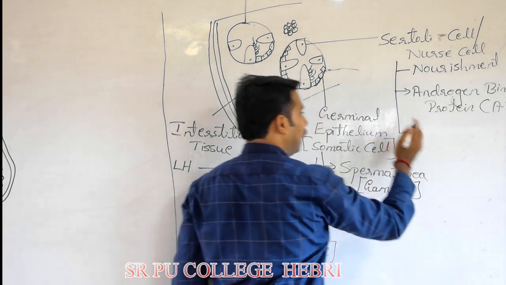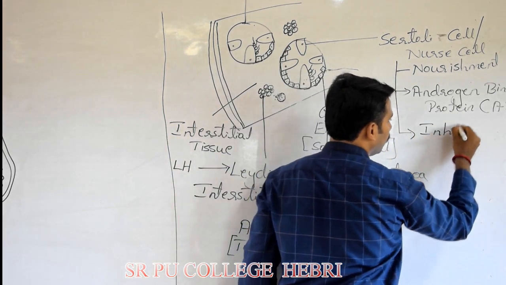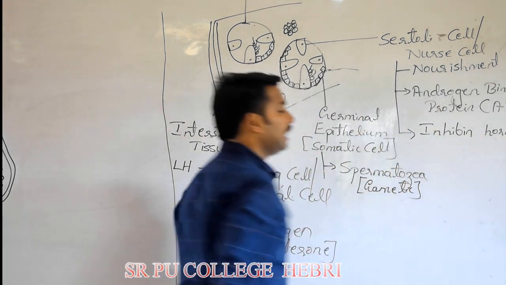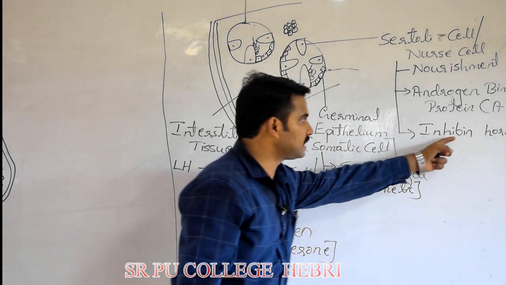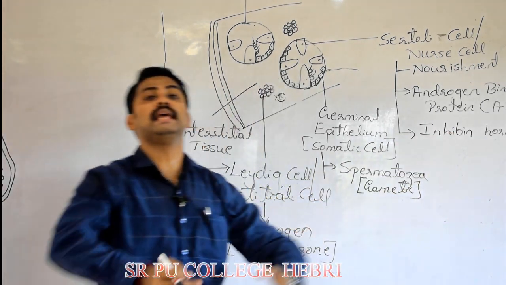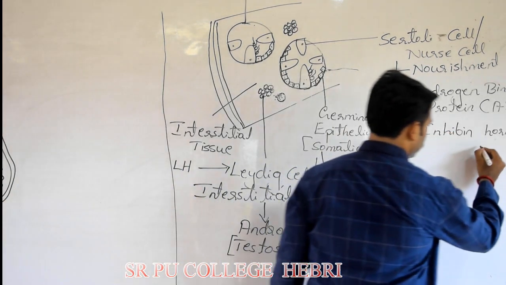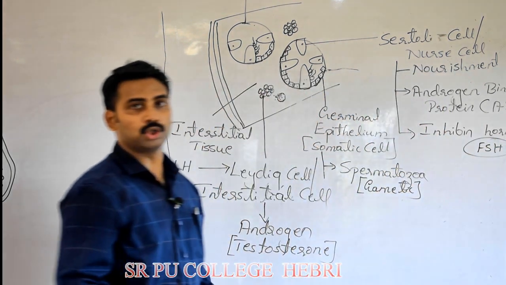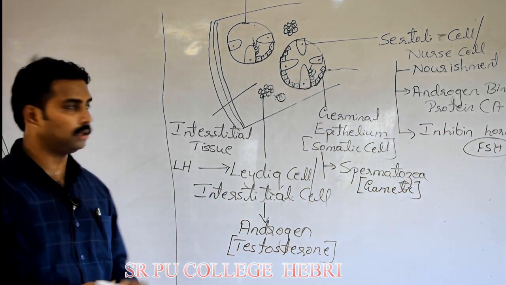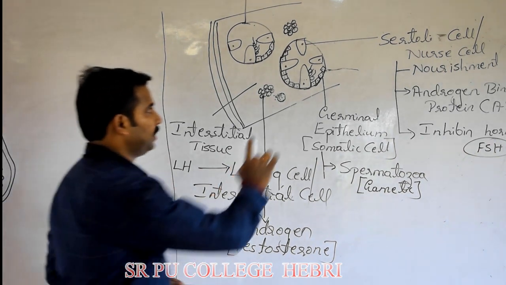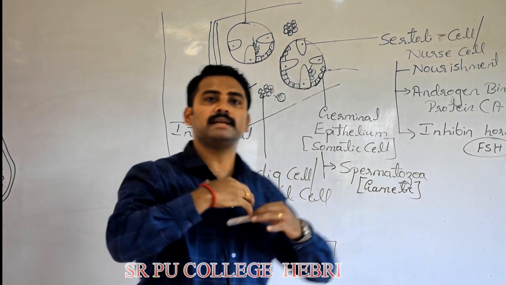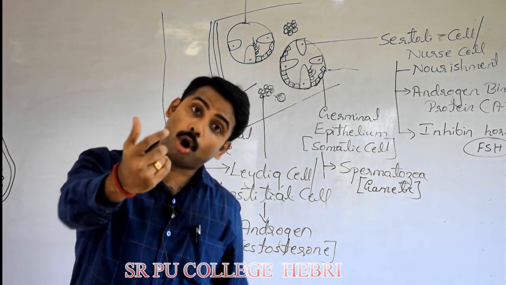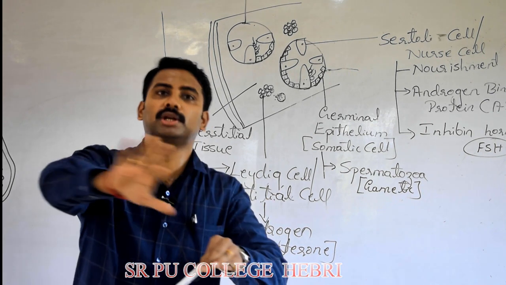Sertoli cell also produces inhibin hormone. The name itself tells it helps in inhibition of FSH. It stops the production of which one? FSH. Try to understand. Inside the testis, with the help of nurse cell, thousands and thousands, or a sufficient number, of sperms are already formed. Further production is not required.